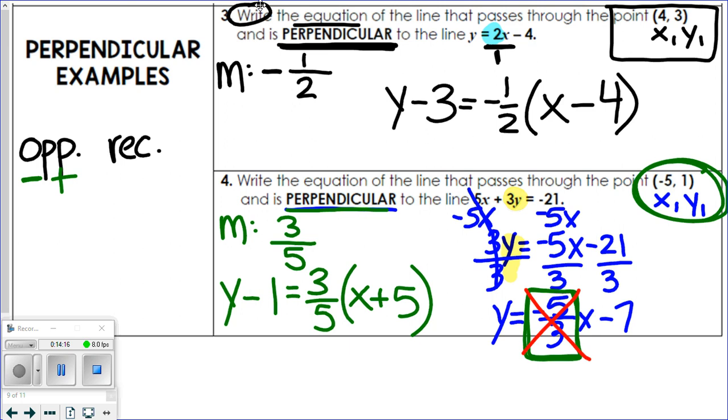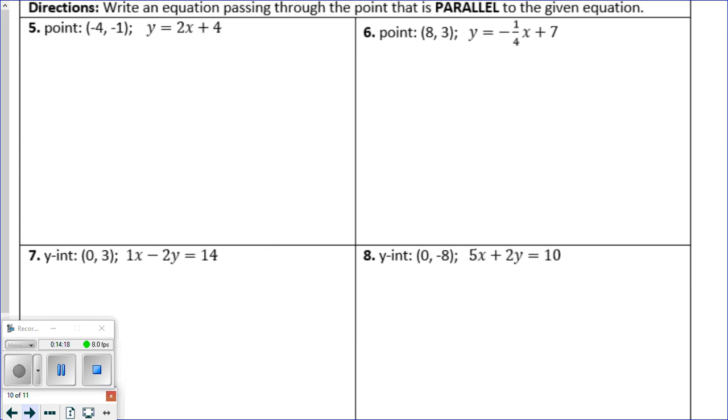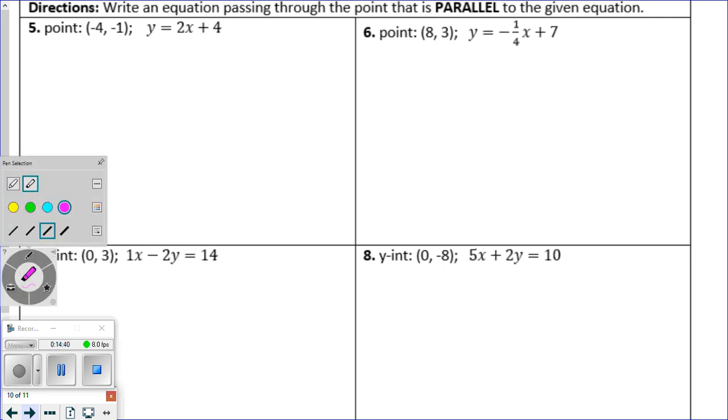So what I would like you to do, if you're on Zoom, I want to keep you on Zoom. Okay, if you're not on Zoom and you're watching this during second or third hour, hop on Zoom. You are going to keep practicing these questions. So 5 through 8 are all parallel, which means the exact same slope.